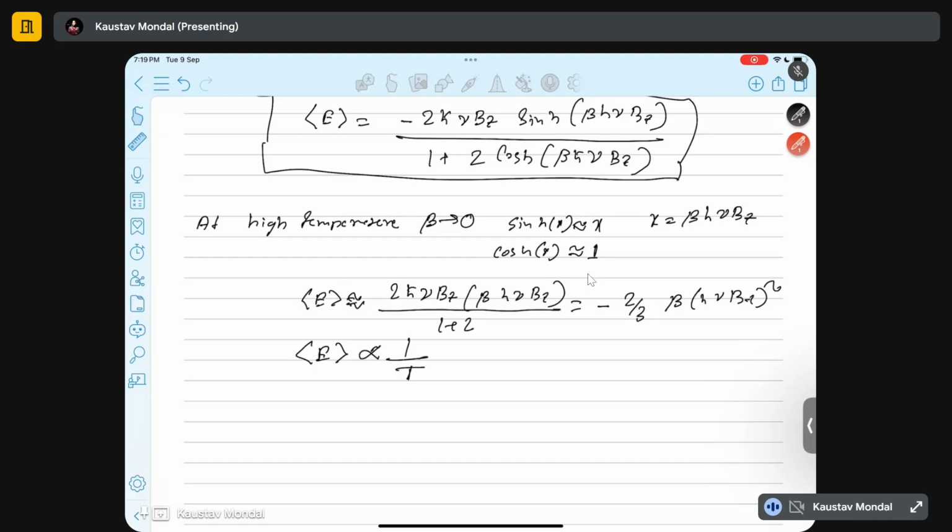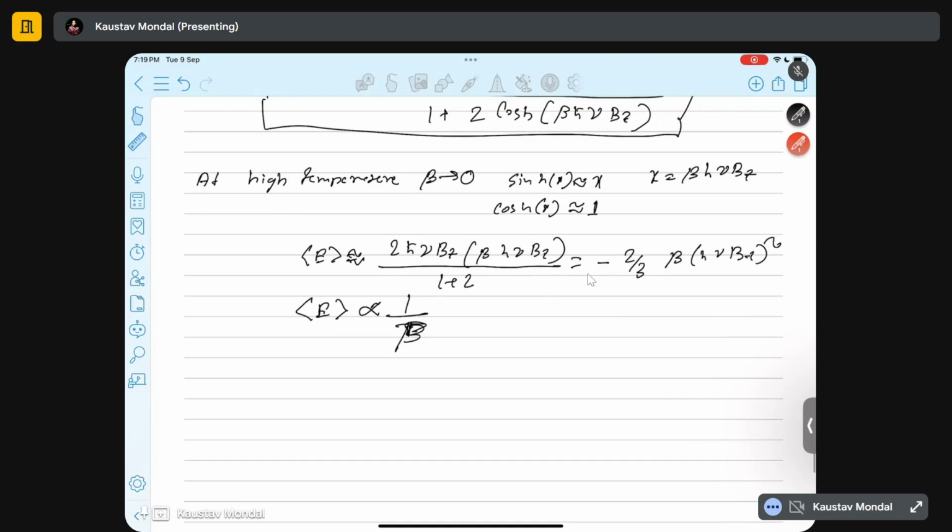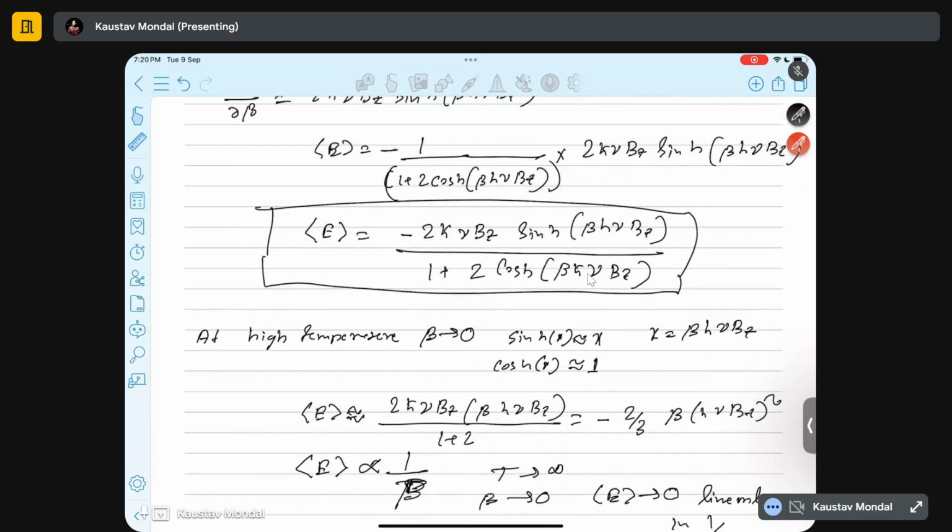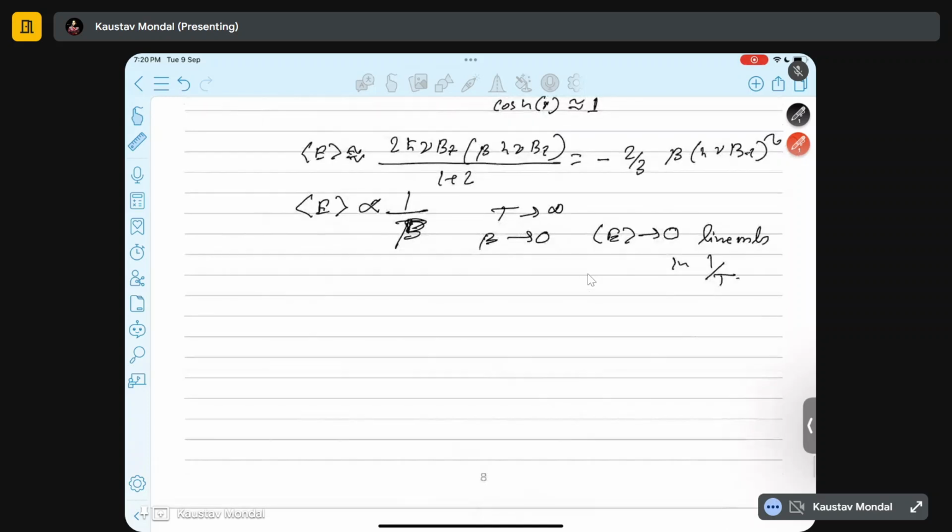If T tends to infinity, beta tends to 0, so the average energy also tends to 0 linearly in 1 by T. Similarly, it can also be calculated for the case of the low temperature limit.